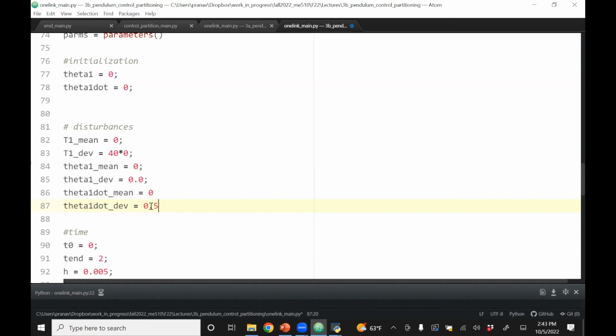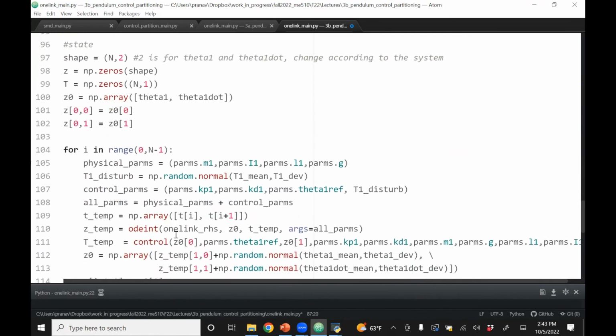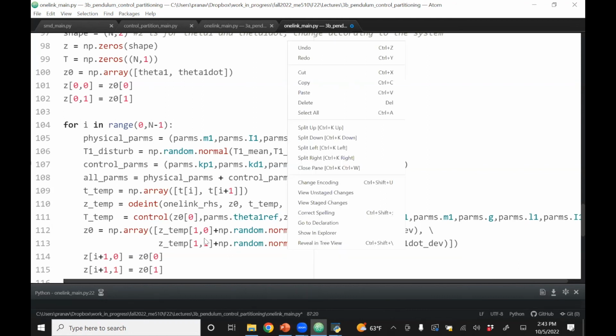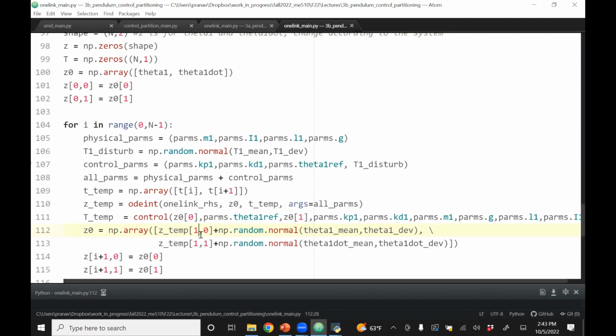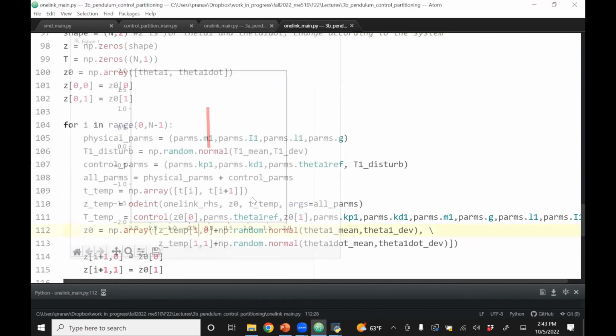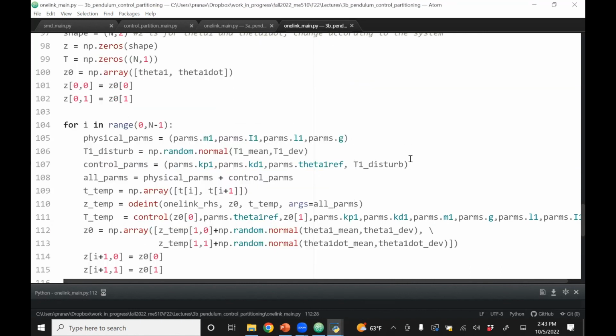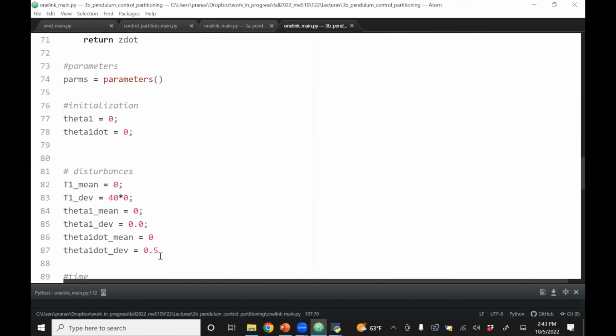It takes the standard deviation, 0.5, and multiplies it with a normal distribution with mean of theta 1 dot, in this case 0, and deviation 0.5. If you run this, you'll see that the response will be noisy. It keeps fluctuating. You can do that too by changing the noise.